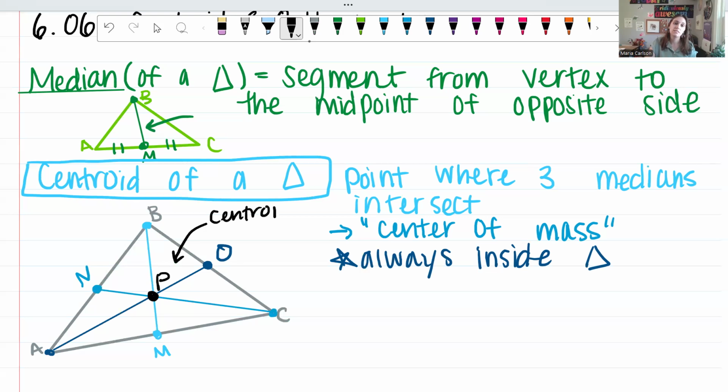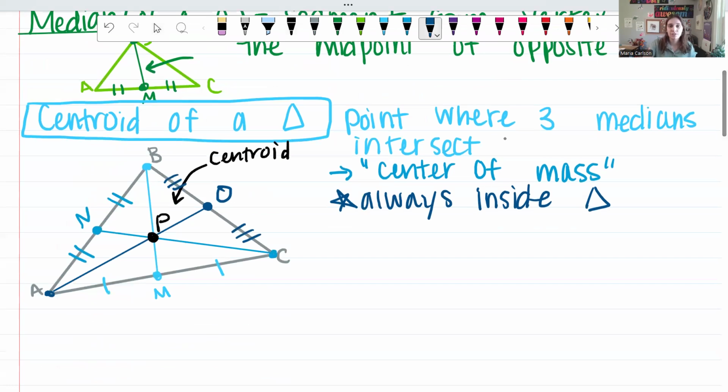Because these are medians, all of the sides have been bisected. So on the bottom side, AM is congruent to MC, AN is congruent to NB, and OC is congruent to BO.